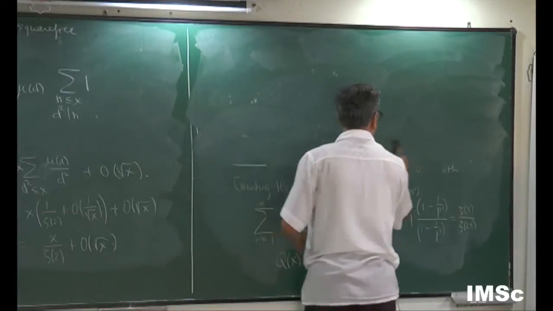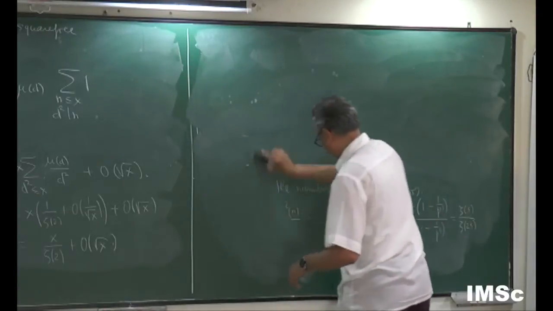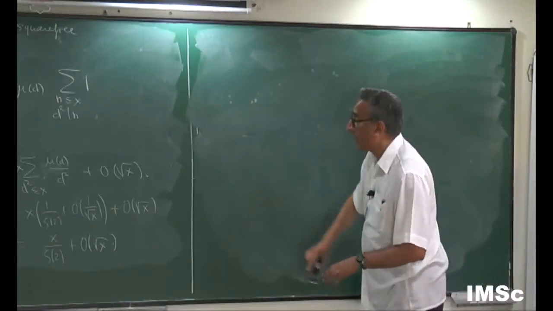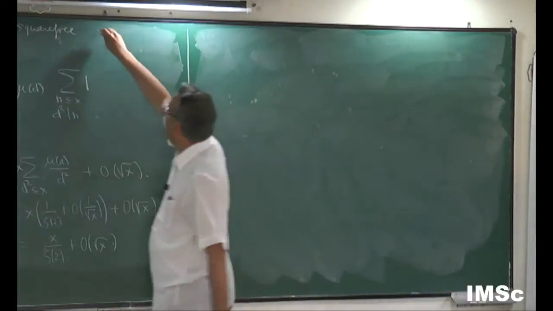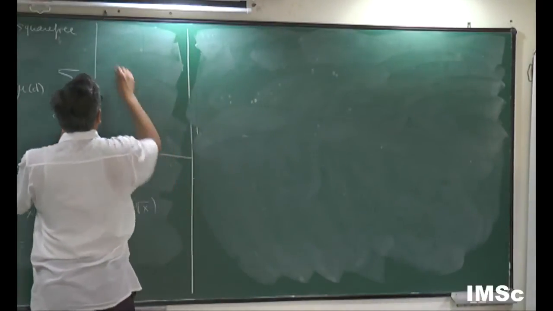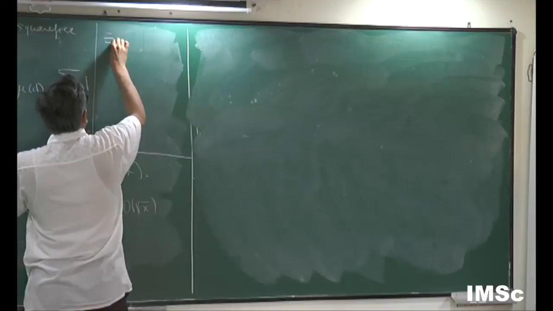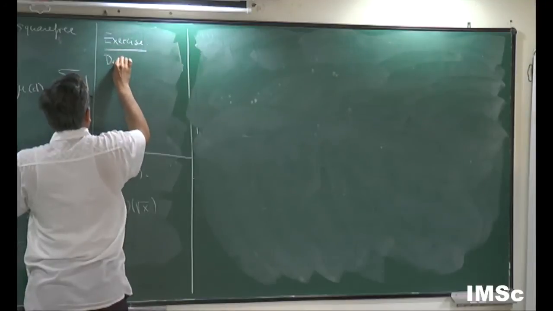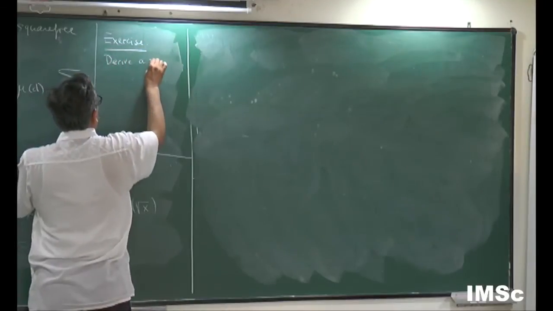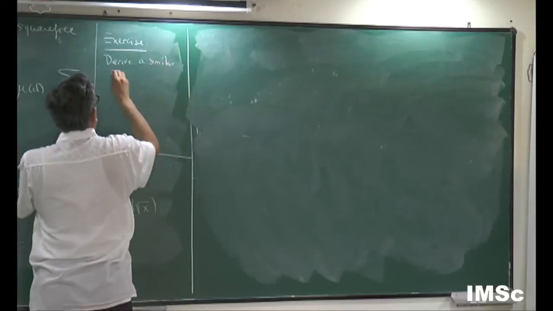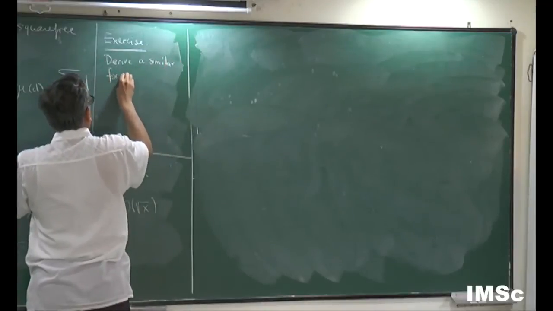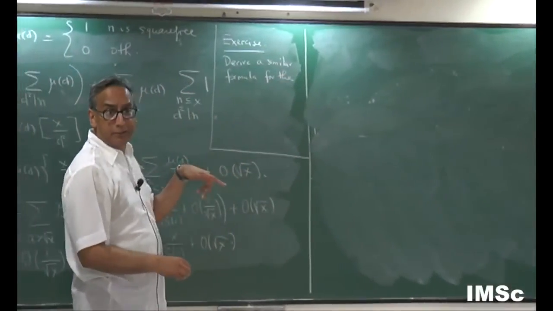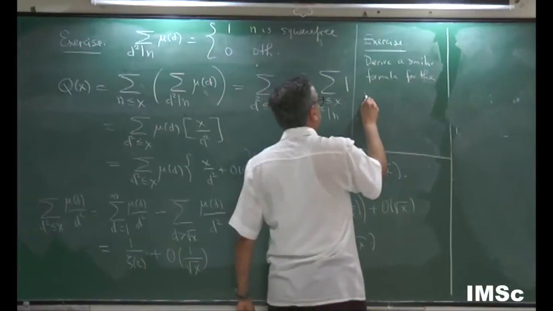So let me just say question. Oh, by the way, since I did this example, let me just give you an exercise, homework problem. Derive a similar formula for the number of square full numbers by using elementary methods.